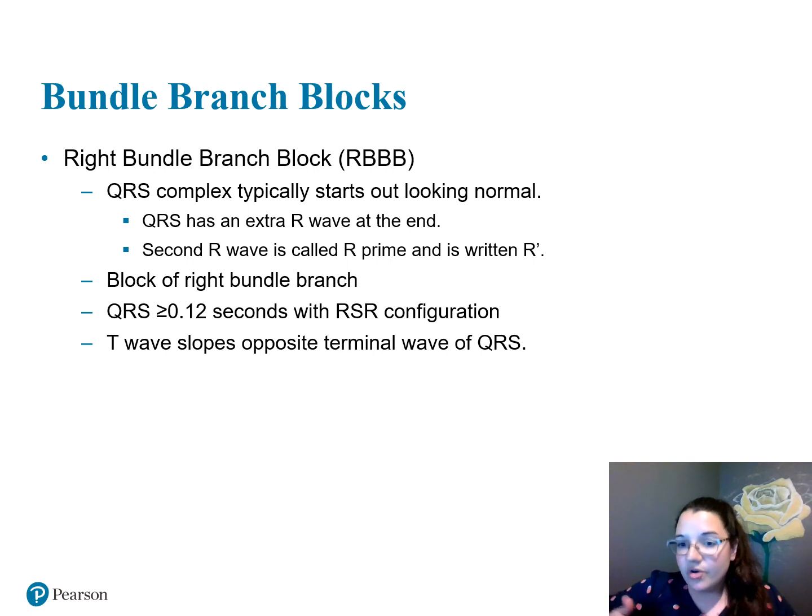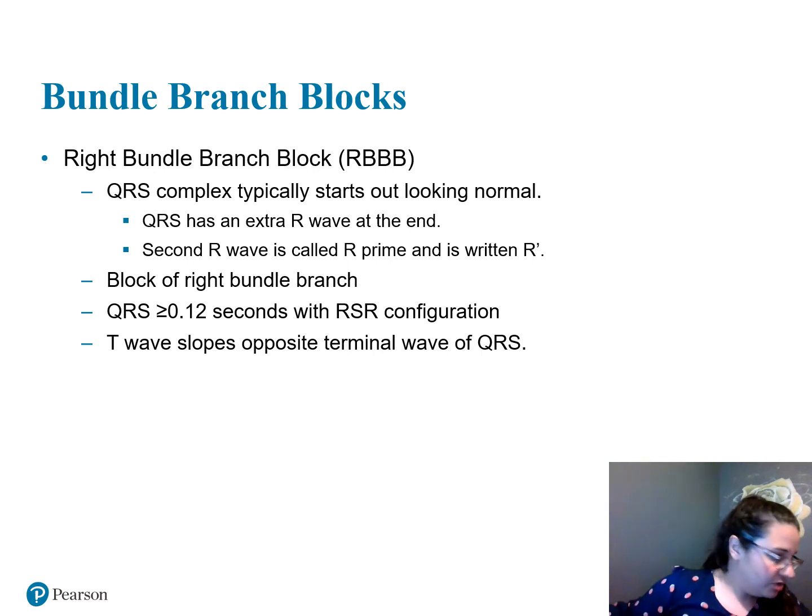So remember our QRS complex, the normal configuration is going to be Q, R, then S. R is positive, Q and S is negative, but sometimes we can have a QS, or sometimes we can have an RS. Sometimes we can have an R prime. If we have an R prime, we could have a right bundle branch block. And we are going to look in V1 for a right bundle branch block.